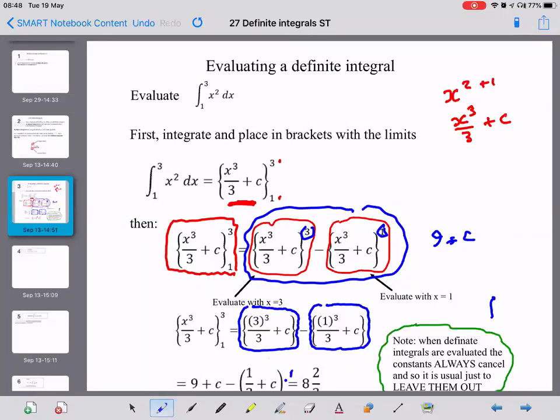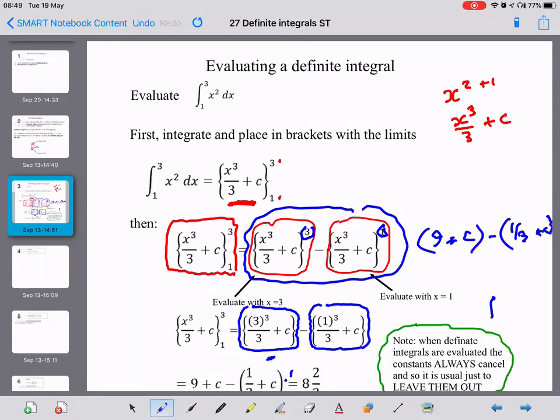This one is 1 cubed, which is 1, so that's minus 1 over 3 plus c.